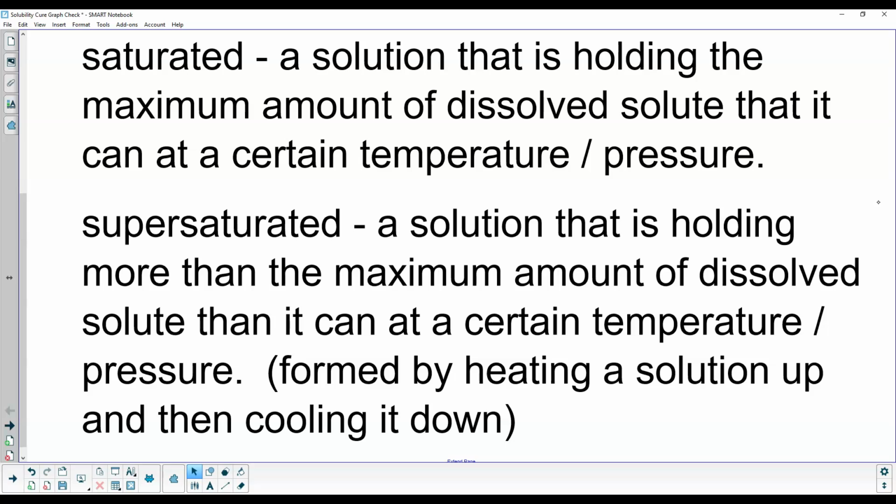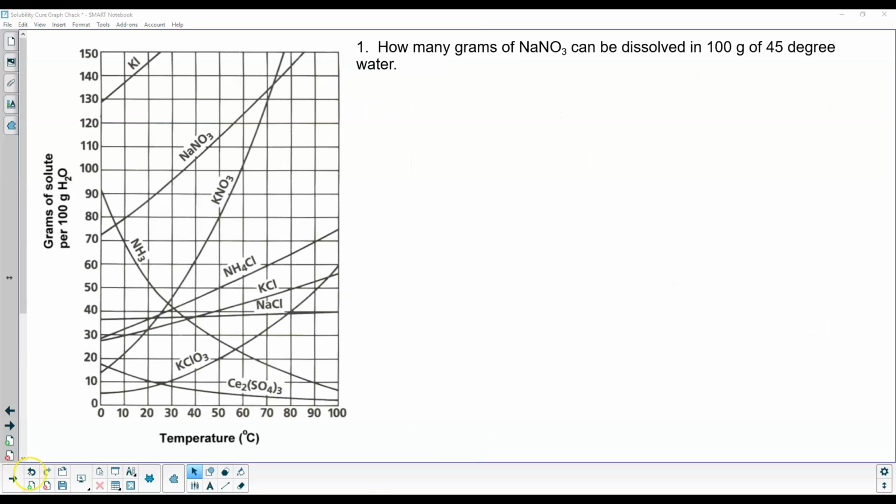So, unsaturated is less than the maximum amount. Saturated is at the maximum amount. Supersaturated means it's holding more than it should. It had to have been heated up and then allowed to cool down. Those are the scenarios that we are looking at.